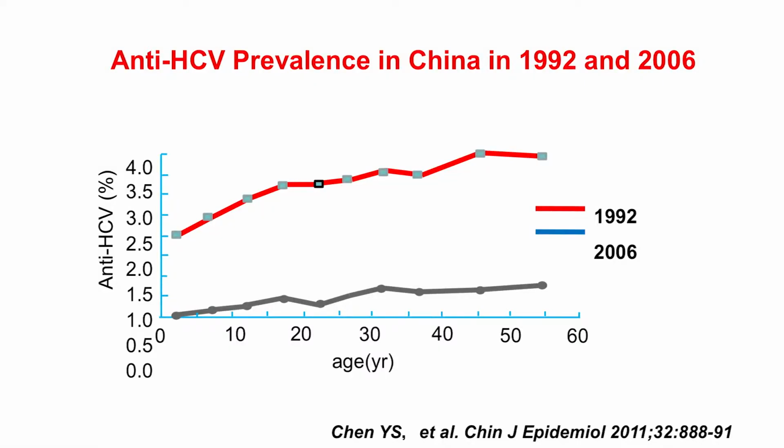Here it just shows the data from mainland China again. We can see the red line shows the data from the survey carried out in 1992. You can see around 3.2% in the general population were positive for anti-HCV, whereas the data from 2006 declined to 0.43%. There's a sharp decline.